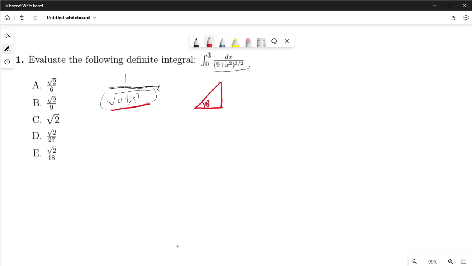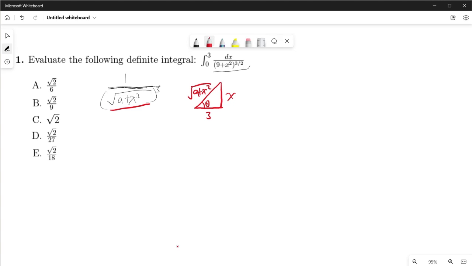Say theta is there. Then I want to have x here and 3 here, the perfect squares. And then here will just be the square root of 9 plus x squared.